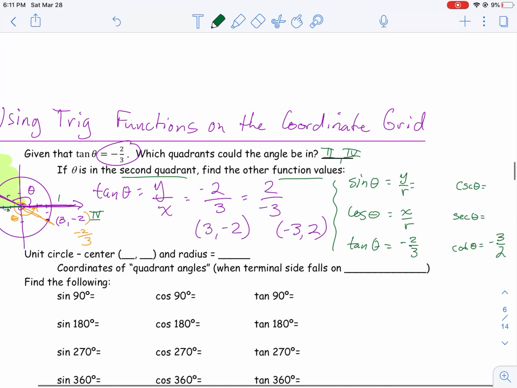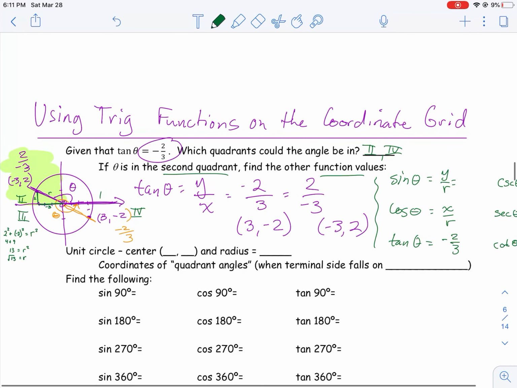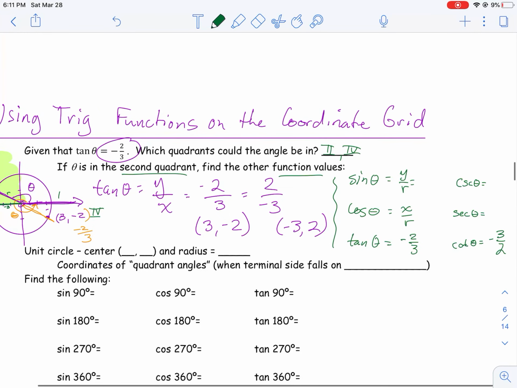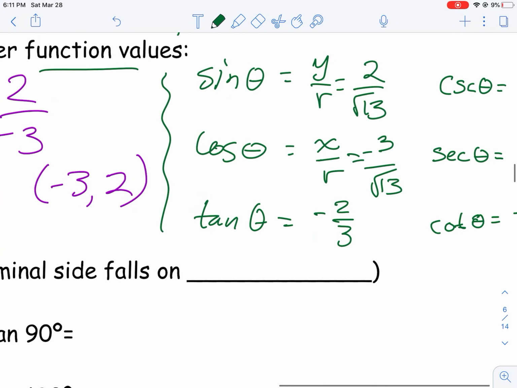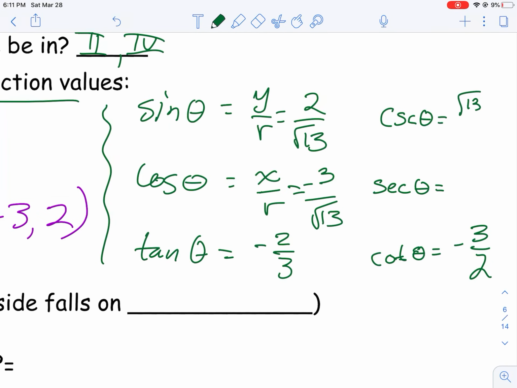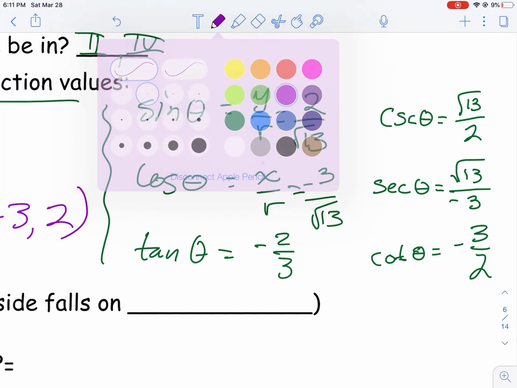So now we can just fill these in. Over here we have y is 2, because we're in the second quadrant, over the radius, the square root of 13. X we said was negative 3 over the square root of 13. And then we've got the reciprocals here. Cosecant is going to be square root of 13 over 2. Secant is the square root of 13 over negative 3.